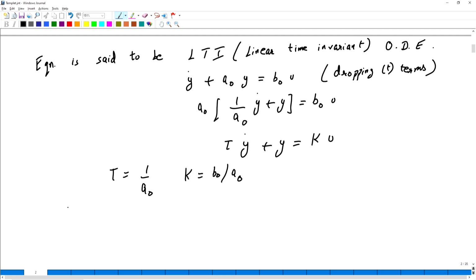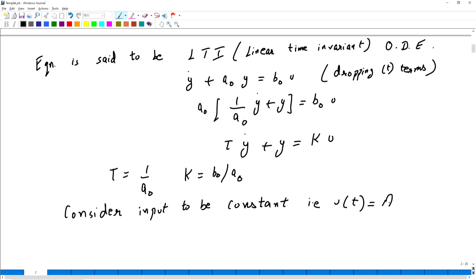Now consider an input to be a constant, that is u of t equals to some constant a. In terms of aircraft, you can assume, for example, elevator is around 2 degrees for all time greater than 0.